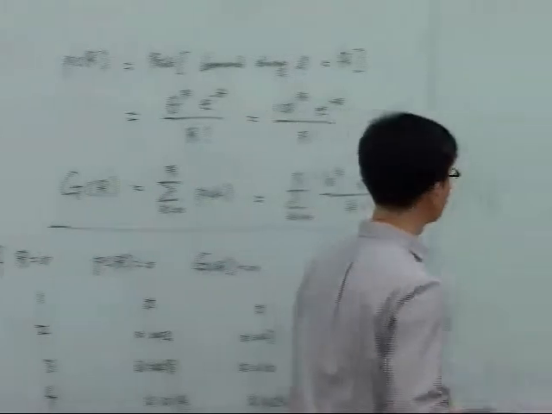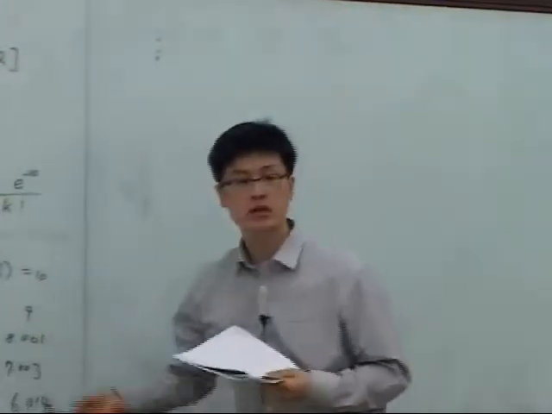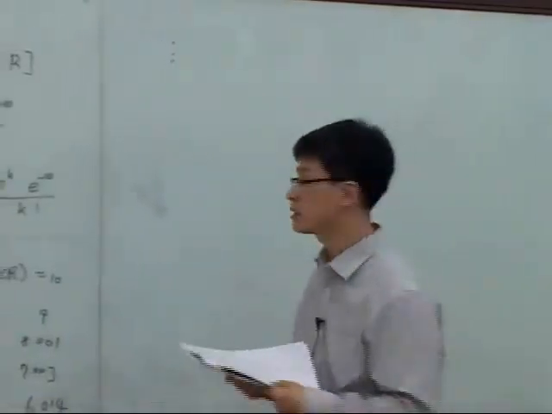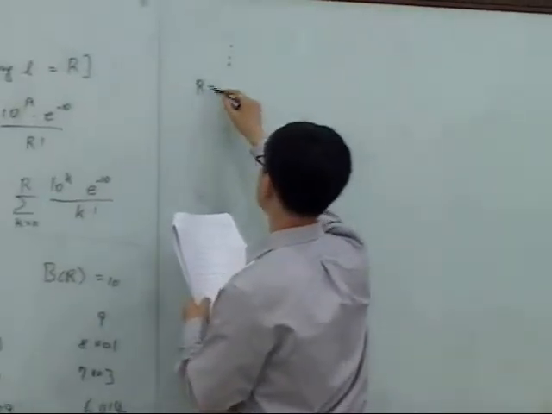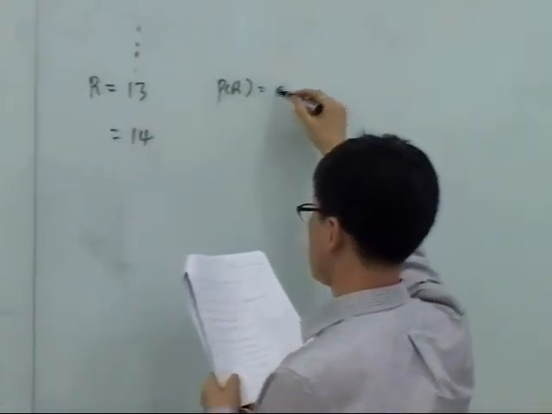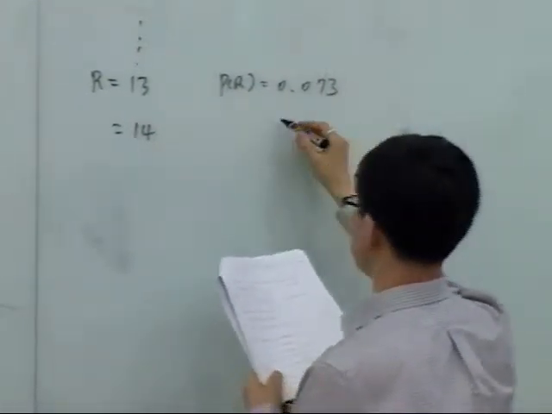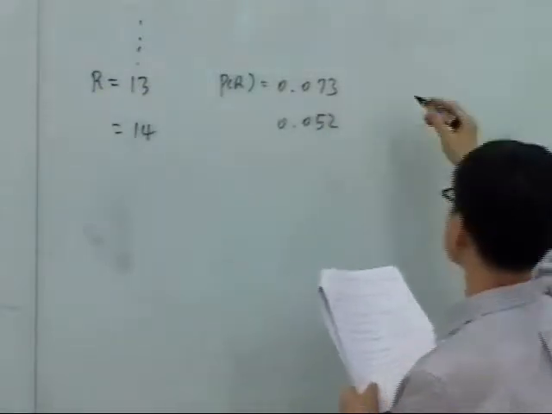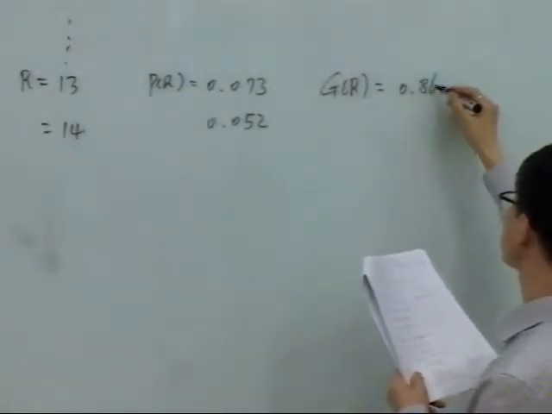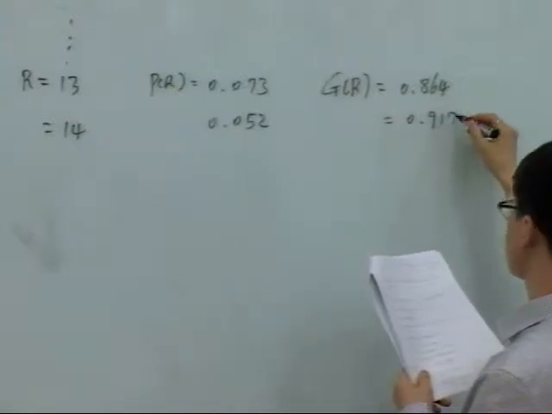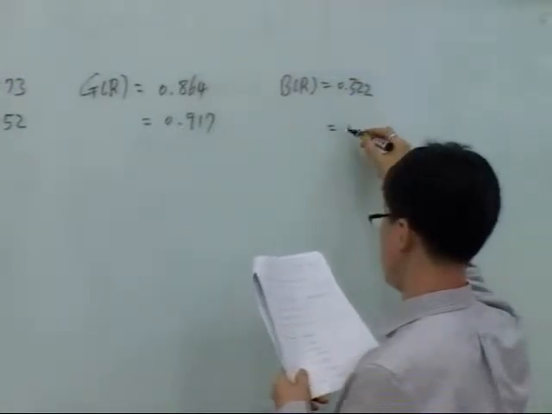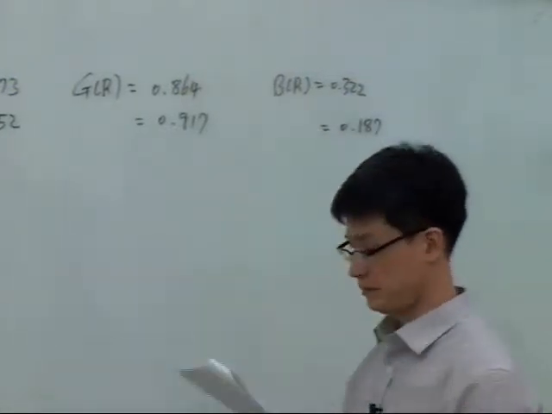Okay, if you follow this, you can easily construct your Microsoft Excel worksheet. Everything will be calculated automatically. And if R is equal to 13, 14, this PR is 0.07, 0.052, and this GR becomes 0.864, 0.917, and this BR is 0.322, 0.187.